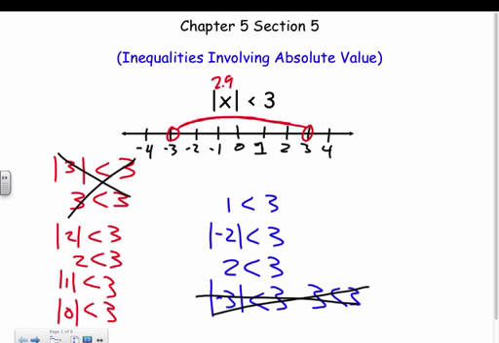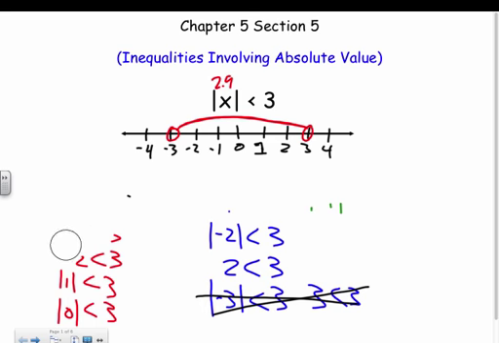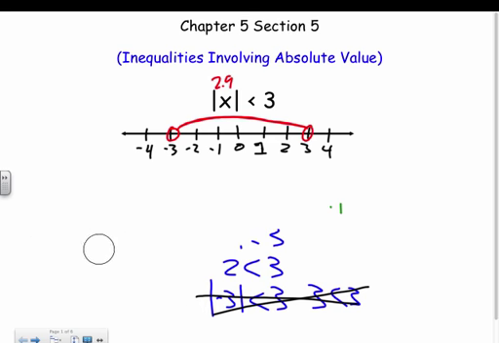The intersection in here. Nothing works outside of it, right? If I tried the absolute value of 4, that wouldn't work. If I tried the absolute value of -4, that didn't work. So x could be anywhere from about -2.9 to 2.9 because we don't include -3 and 3. That's why I didn't put a closed circle. I put an open circle.